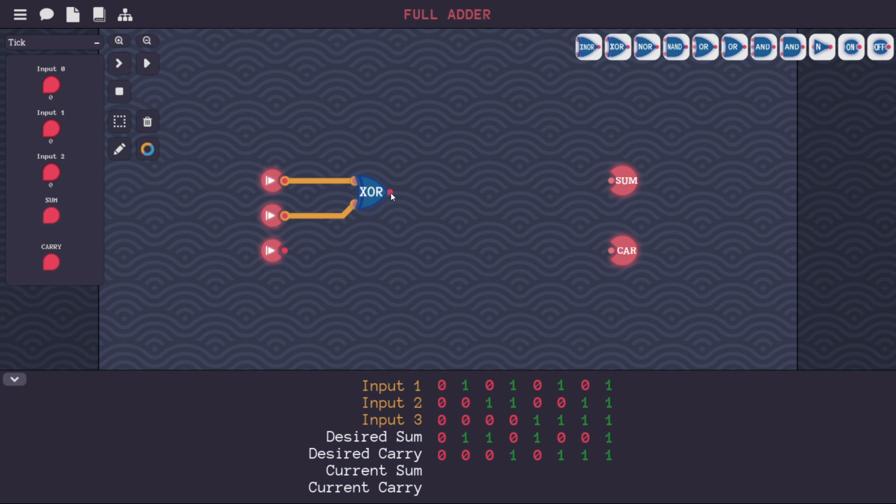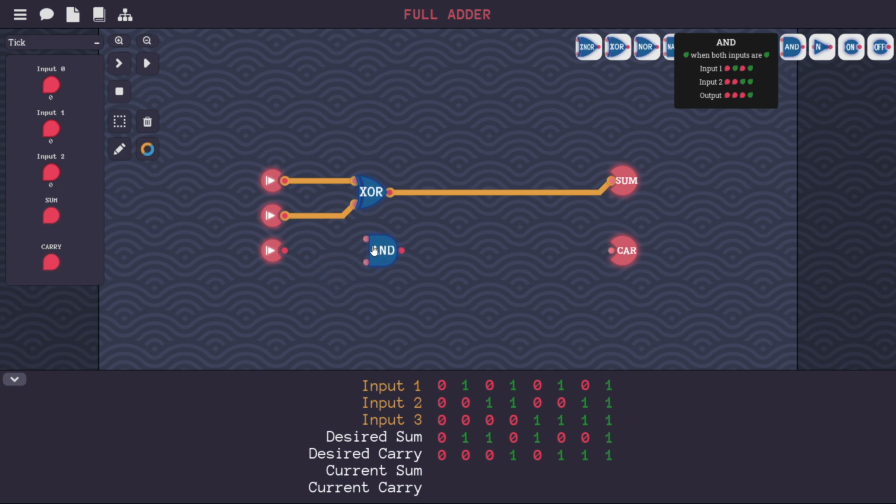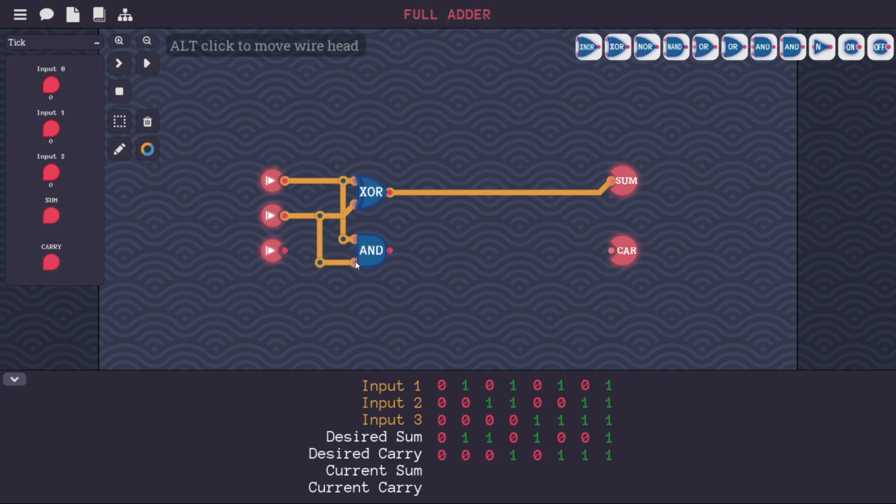We can have this going to the sum as we did before, and then we can have our AND gates to pick the carry from the first and the second bit of data.